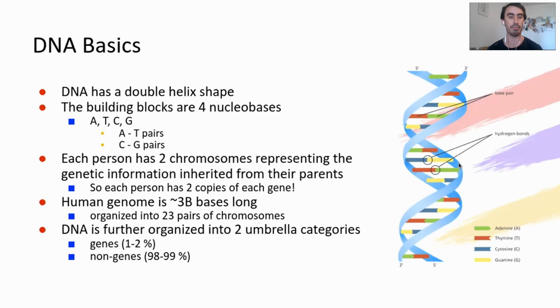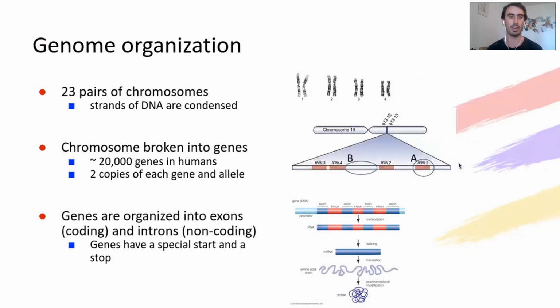The DNA is further organized into two very much umbrella general categories: genes, which make up 1 to 2% of the human genome, and non-genes, which would take up 98 to 99% of the human genome. And when I say these stats and these figures, all of this is with an asterisk. Everything is more complicated. There's always an exception to every rule. So we'll get into a little bit more of the breakdown.